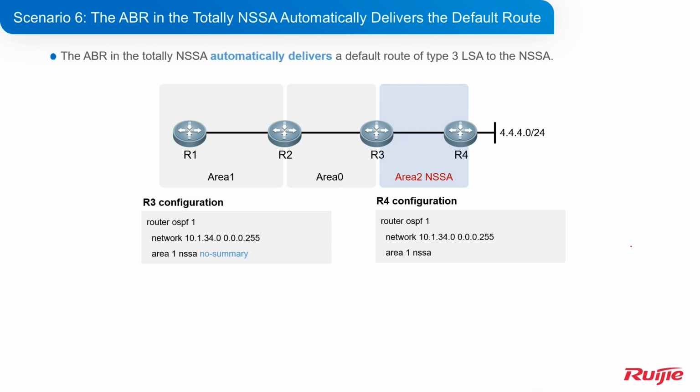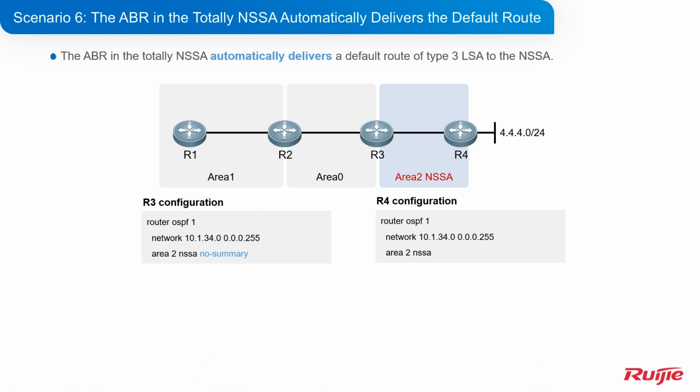It's the same as the stub area and the totally stub area. So here the ABR device in the totally NSSA area automatically delivers a default route of Type 3 LSA information to the NSSA.